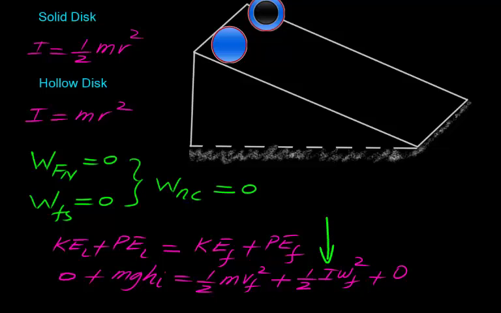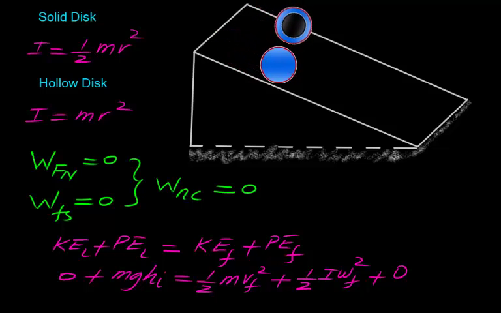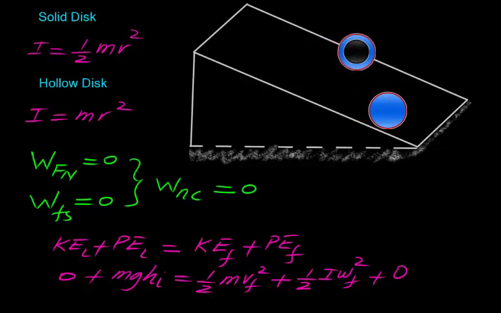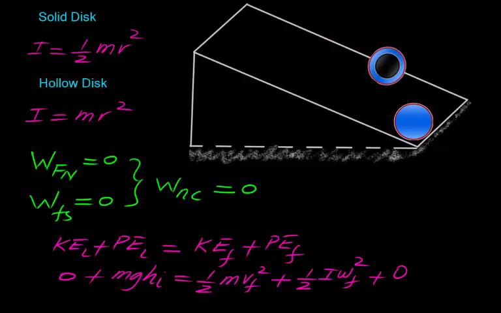Therefore, the larger the moment of inertia I, the larger the rotational kinetic energy, and the smaller the translational kinetic energy is going to be. Since the translational kinetic energy is directly proportional to the square of the speed, this causes the speed to decrease and the object therefore starts to move slower.